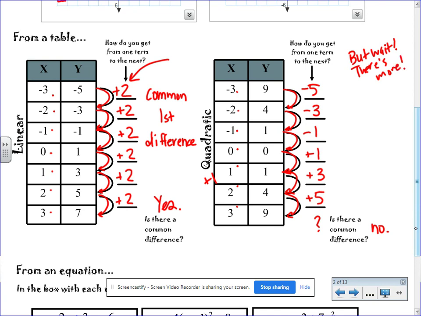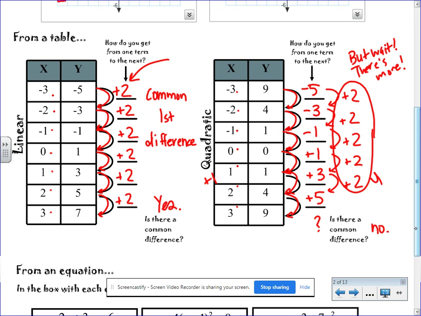Now, if I take a look at the second difference, meaning how do I get from -5 to -3? Well, I add 2. And then -3 to -1, I add 2. -1 to 1, I add 2. 1 to 3, I add 2. 3 to 5, I add 2. So now is there a common difference? Of course there is.